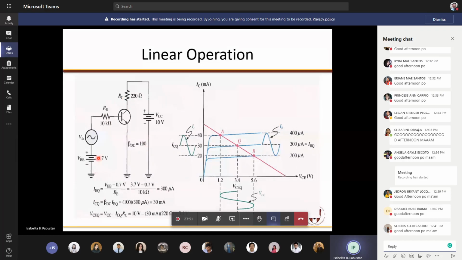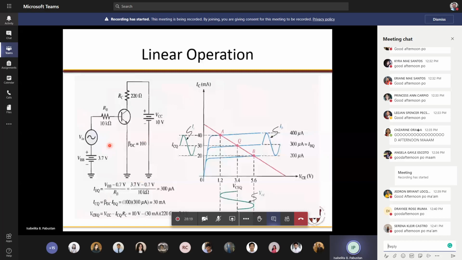You know how to compute for the IBQ, you know that it is VBB minus VBE over RB, yung topic pa natin last meeting. So, di ba dun sa last meeting, we have IB is equal to VBB minus VBE over RB. Q simply pertains to operating point or the quiescent point. Ano? So, ito yon. Okay?